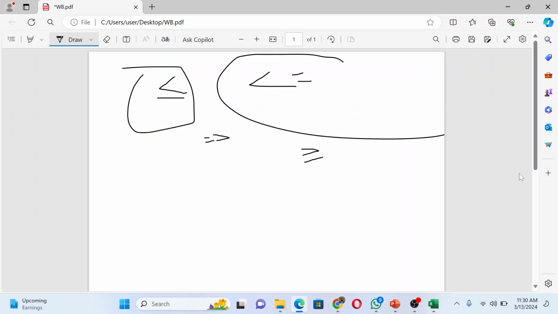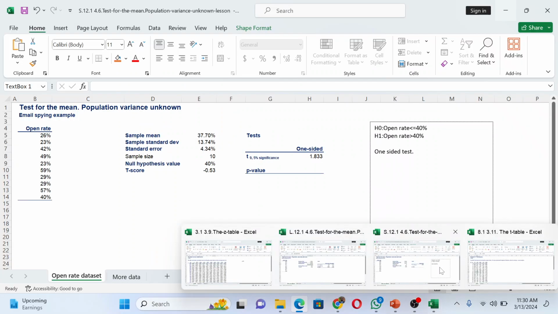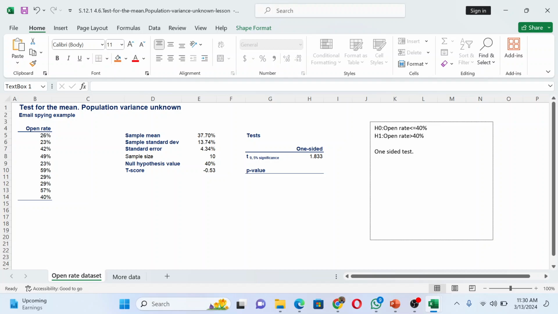They mean the same, which is totally different from equal to and not equal to. So, going back to our example, it was less than or equal to and greater than, so it is a one-sided test. Therefore, when you are going to read the critical value, you don't divide the alpha by 2. You take the whole of it.